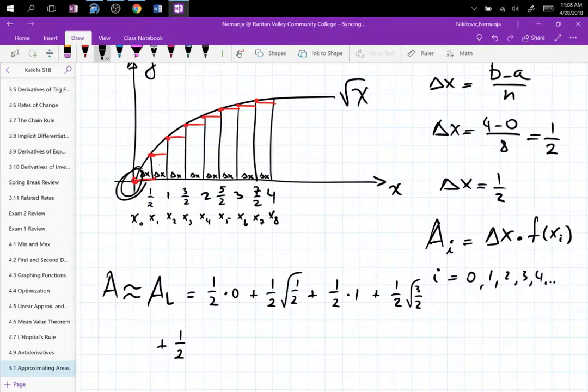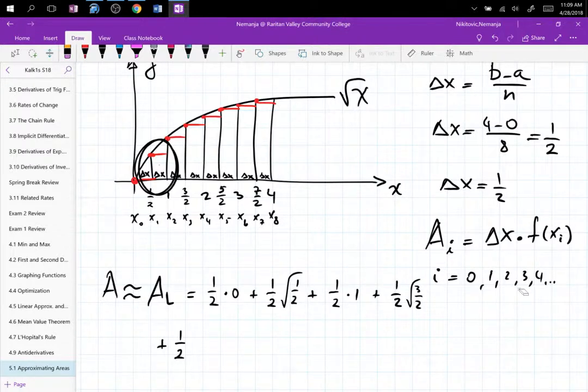So for the first point, the height is 0 and the width of the rectangle is 1/2. So there it is, 1/2. And for the second rectangle over here, the height is computed at 1/2. So that's the height, and then delta x is the width. So width times height.